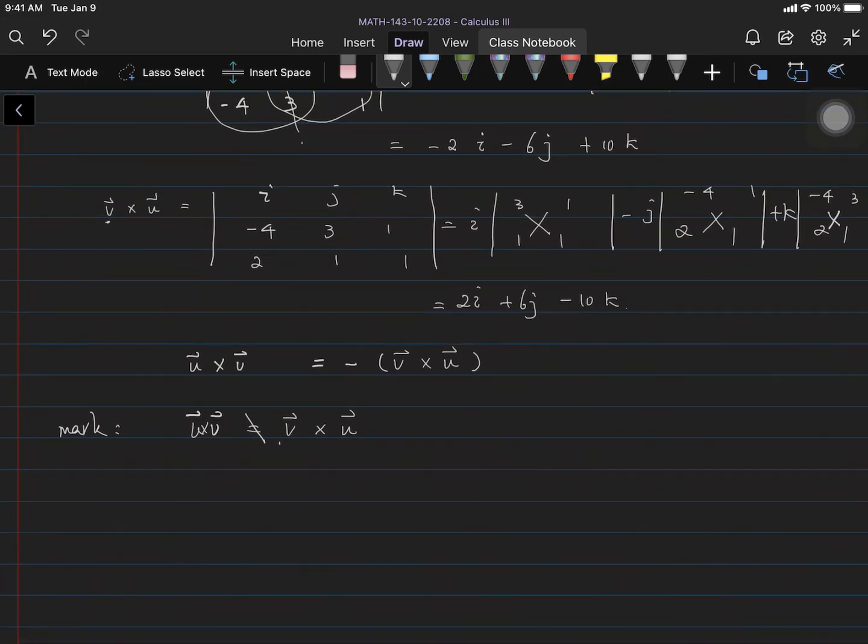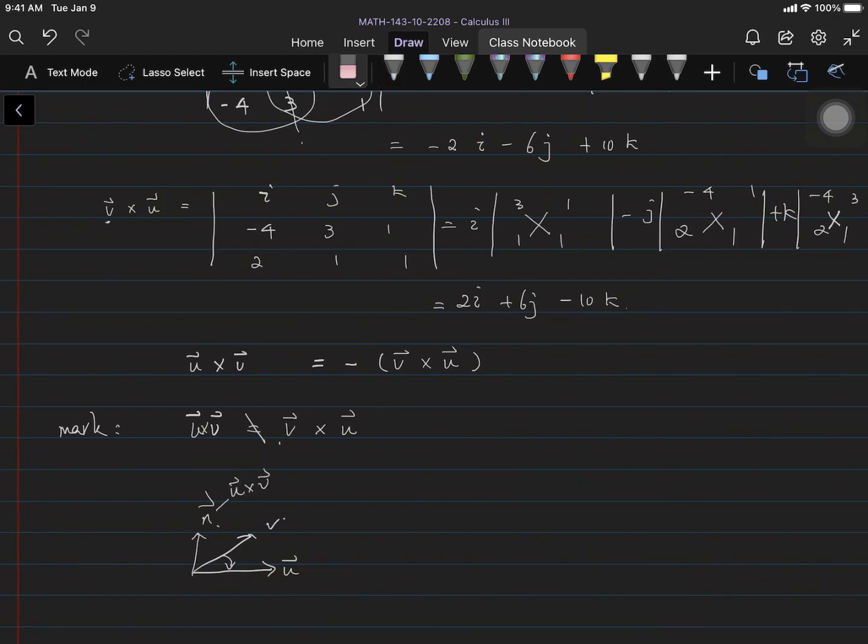What's the difference? They are in opposite directions. The reason why: here is U cross V by the right-hand rule. Where's our n direction? Here. For V cross U, your right hand should go from V first and then to U. Let me write down the U cross V direction.